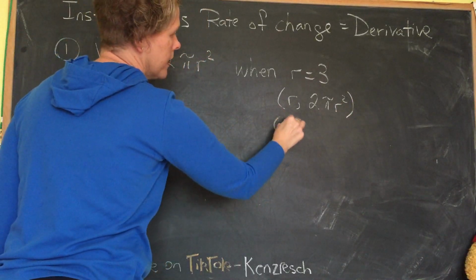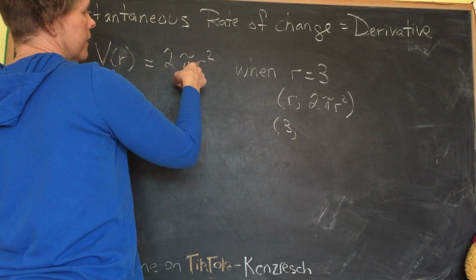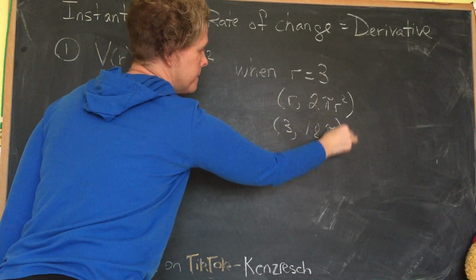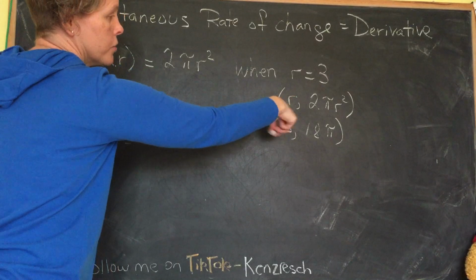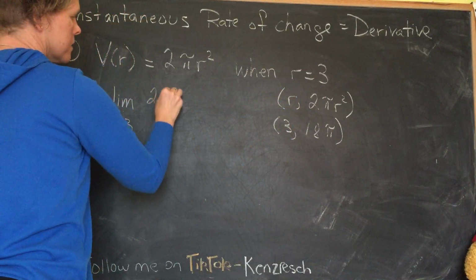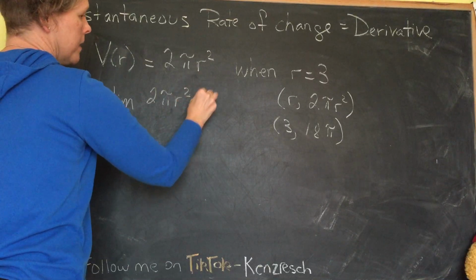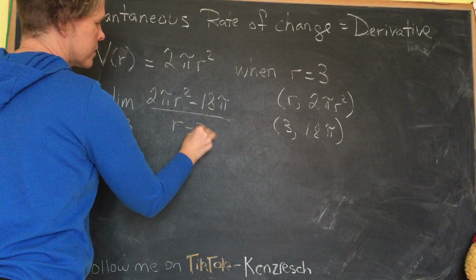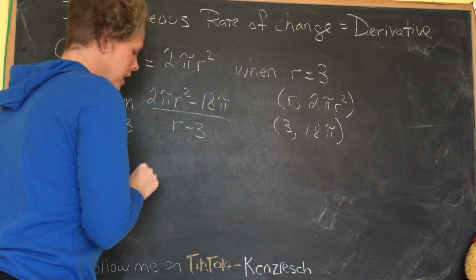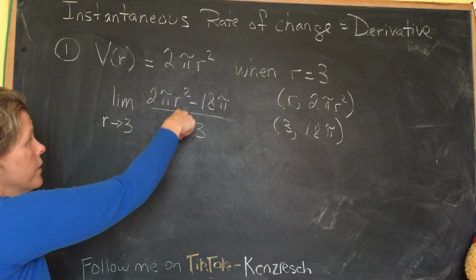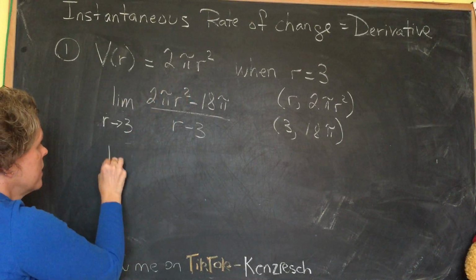But if I plug 3 in there, I get 9 times 2, and I get 18 pi. Now I'm going to do my slope formula with those 2 points. So 2 pi r squared minus 18 pi all over r minus 3. Again, from yesterday, if you plug 3 into here, that's a problem. We get 0 down there, so we have to play around with this for a little bit.